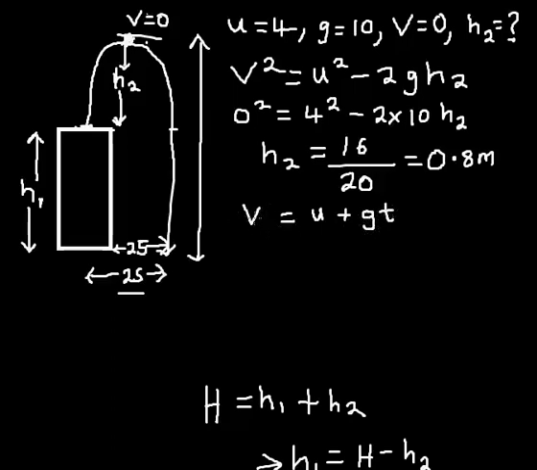This is 0 already. We're looking for u, and this is g, which is 10t. So where is my time?